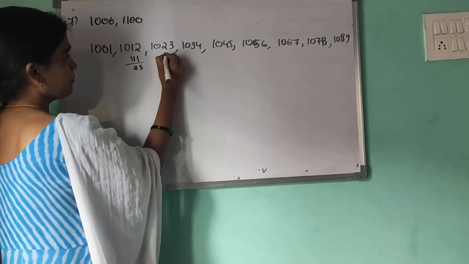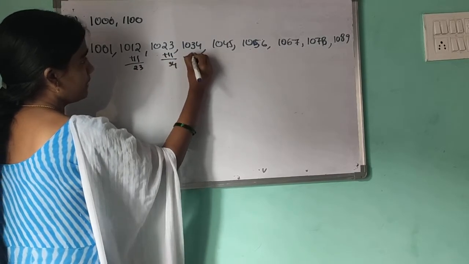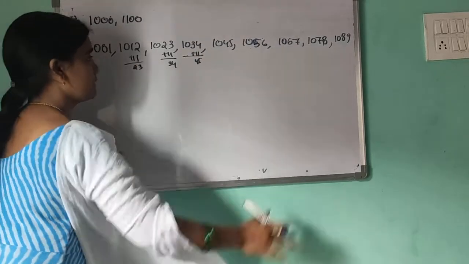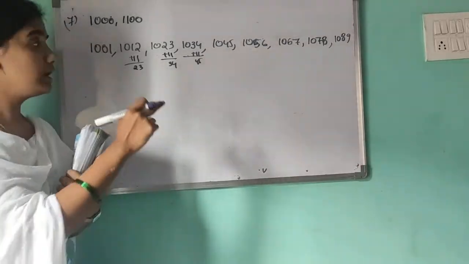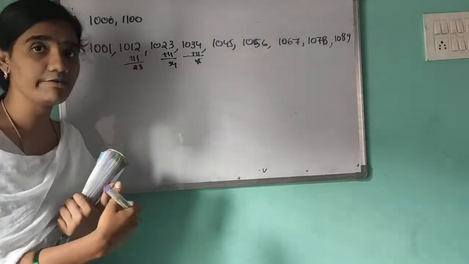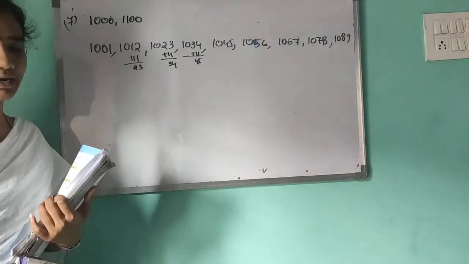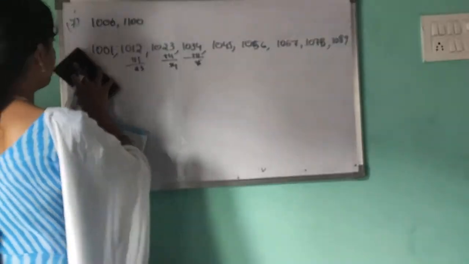In the same way, plus 11, what do we get? 34, plus 11, 45. By adding 11 to the last two digits, that number is divisible by 11, between 1000 and 1100.